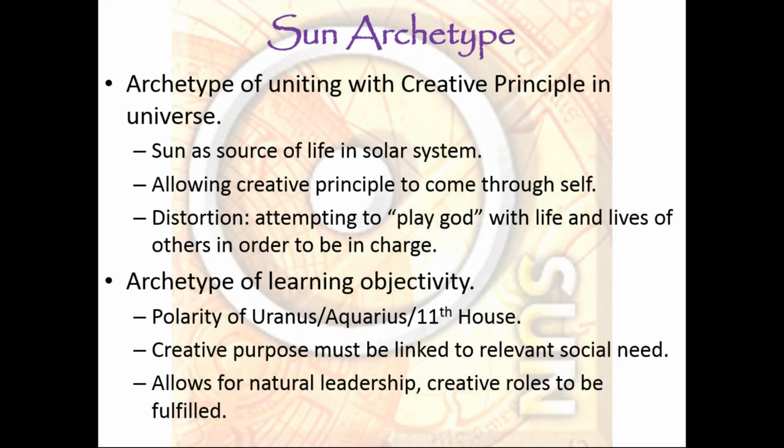And so we then bring in what we will call natural leadership and creative roles to be fulfilled for the good of all, for our community, for our society, for our country, even out for the world stage and the good of all as a human race, for example. And so this may or may not be a complete list of the archetype of the Sun.